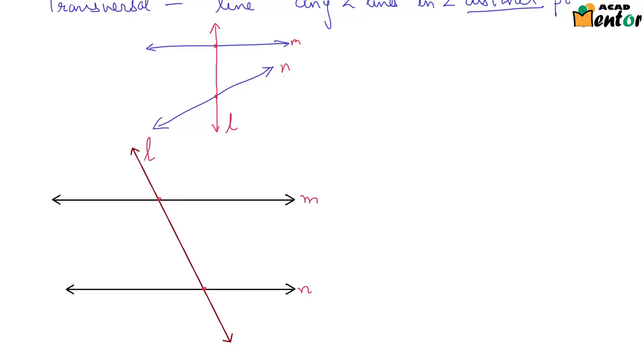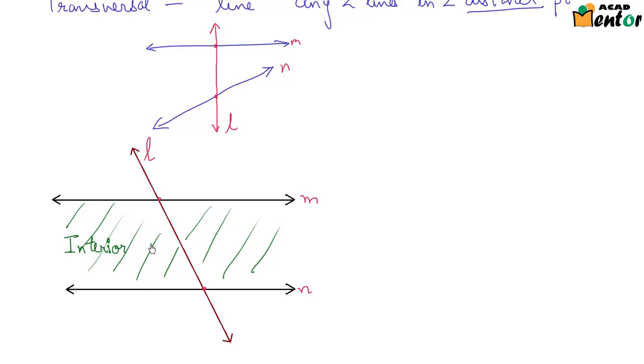Right. Now first of all, we look at what are the regions formed when this happens. So there's a region right between lines M and N. This one. We call this the interior region.